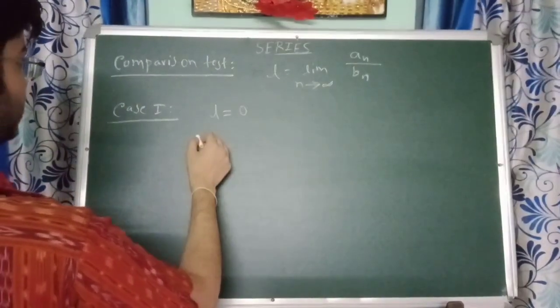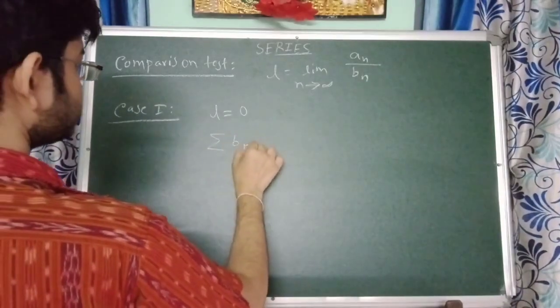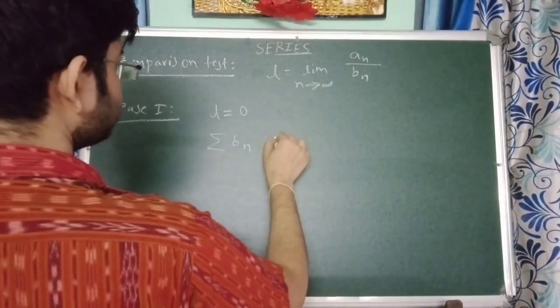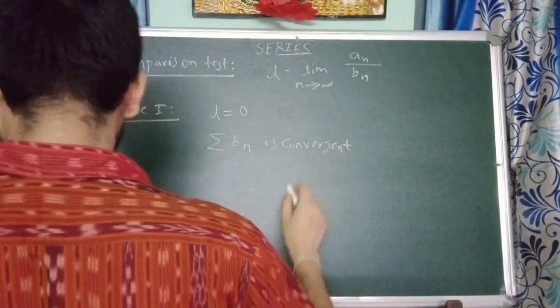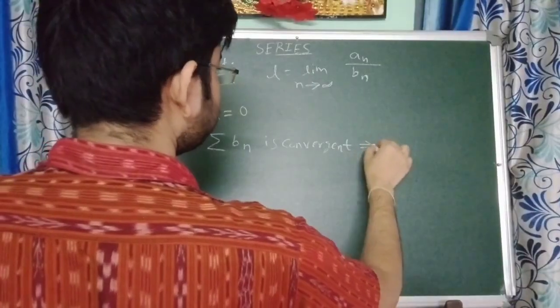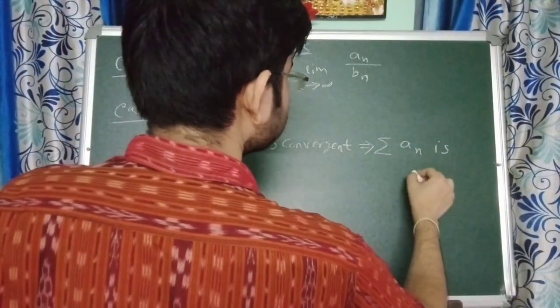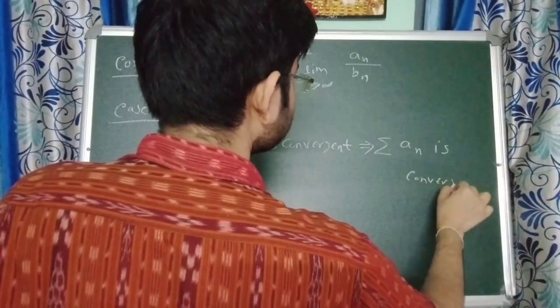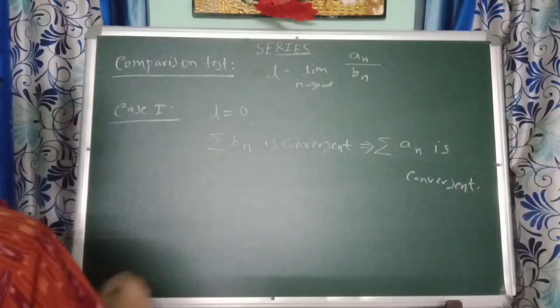Then the result is: if summation b_n is convergent, this implies that summation a_n is also convergent. This is number one.